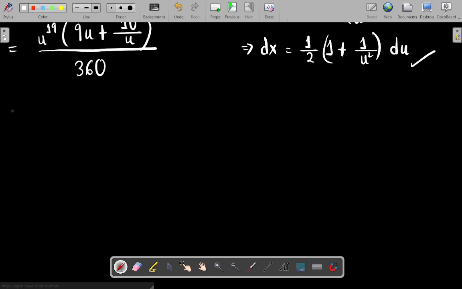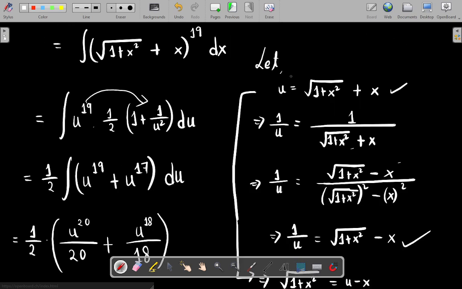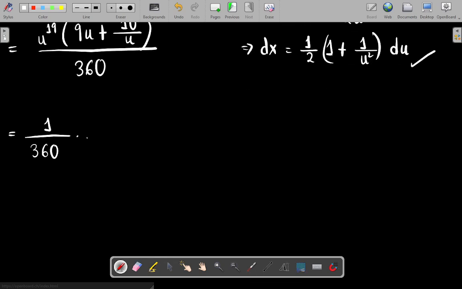So now this 1 by 360, if I keep it aside, and this u to the power 19 is nothing but this term, square root of 1 plus x square plus x whole to the power 19. Okay, this is u to the power 19 by 360.